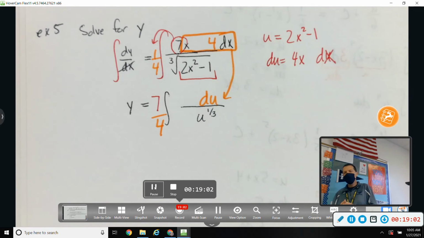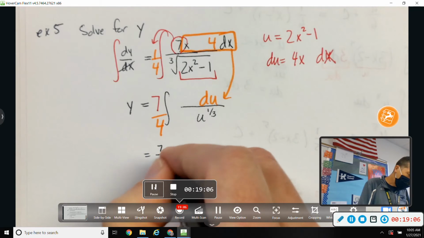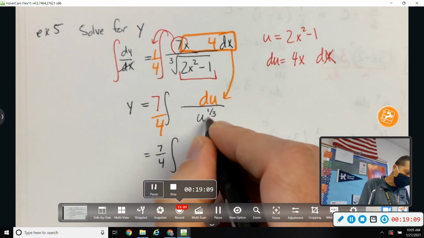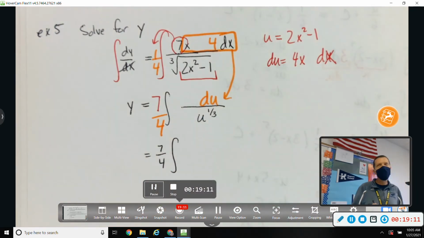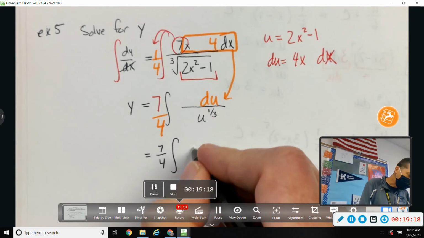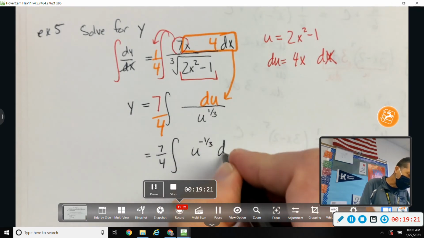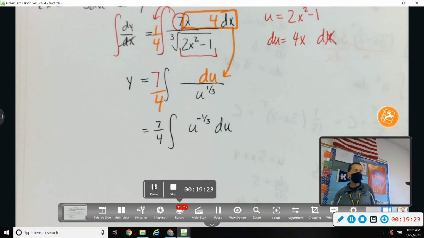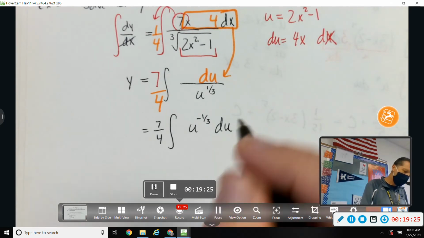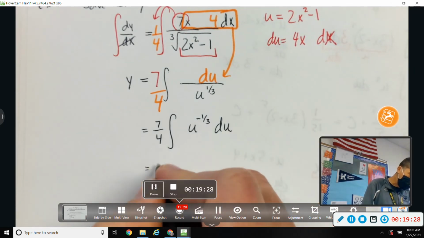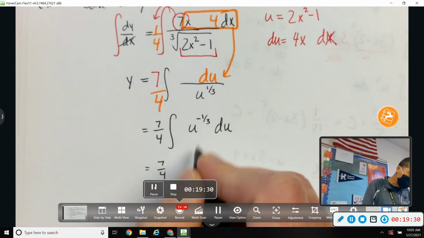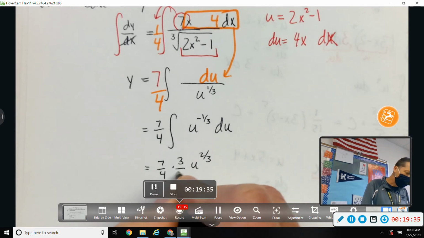So this one had an extra constant to play with, that 7. I also don't like the 1/3 in the bottom. That really messes people up because they think, oh, I'll increase the power by 1 and get the 4/3. Well, yeah, 1/3 plus 1 is 4/3, but that's not really the problem here. That's u to the negative 1/3. So now if I add 1 to that, I get u to the 2/3, which means I need a 3/2.